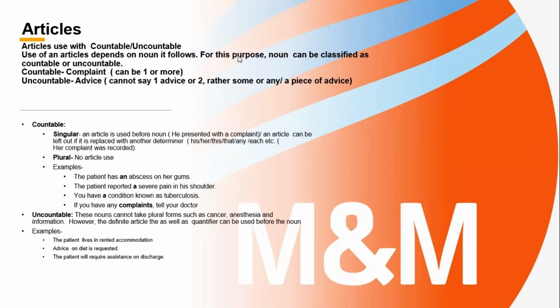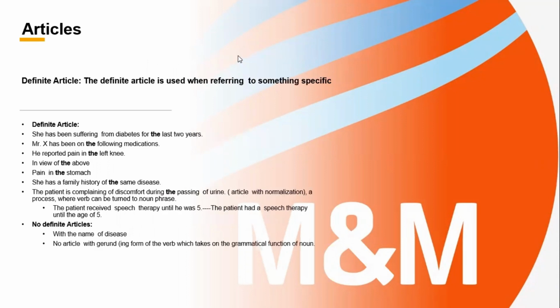And we should not use any article if it's uncountable or it's a plural noun. So for the use of definite articles, we use the before body parts, and when you have to specify something, before words like following, same, similar. When you want to specify or highlight something, we can use the article the before it. The article the can be used with nominalization. For example, this patient is complaining of discomfort during the passing of urine.